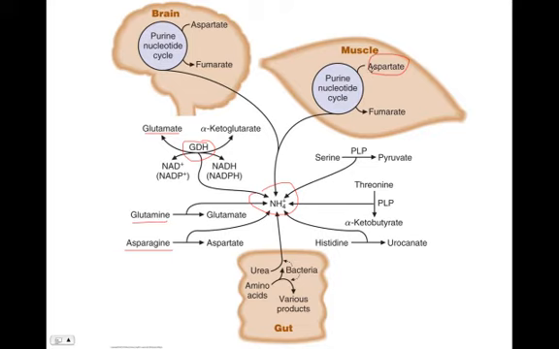The aspartate will then enter into the purine nucleotide cycle, contributing that nitrogen to the generation of the ring structure, and fumarate is released. You'll also notice here that a significant amount of ammonium is generated within the gut. And this is due both to bacterial contributions as well as amino acid digestion.